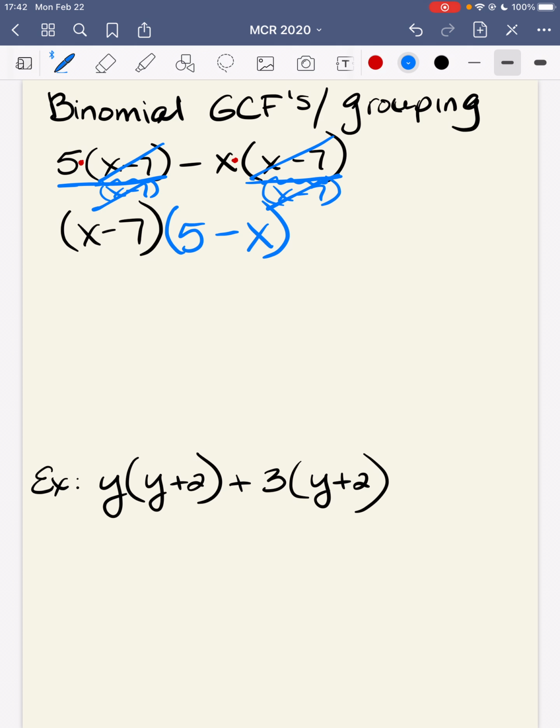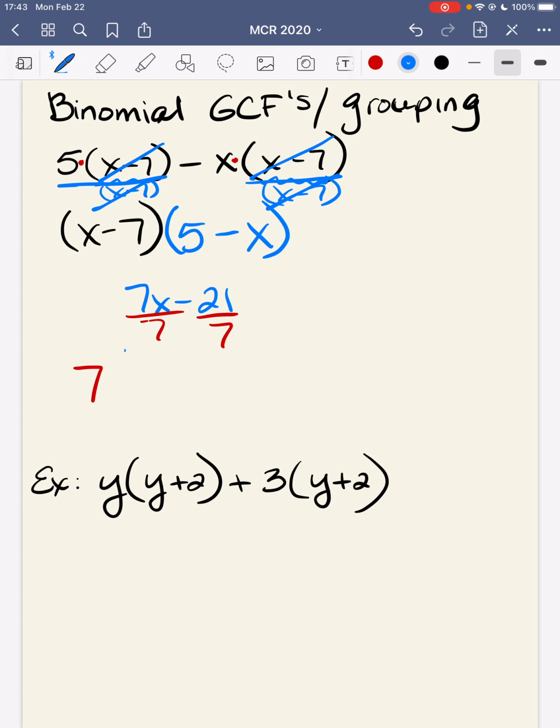So when we pull out a binomial GCF, we treat it very much the same. Say, like 7x minus 21, where they have a 7 in common, so 7 and 21 have a 7 in common, which means I could divide both of these by 7, pulling it out to the front.